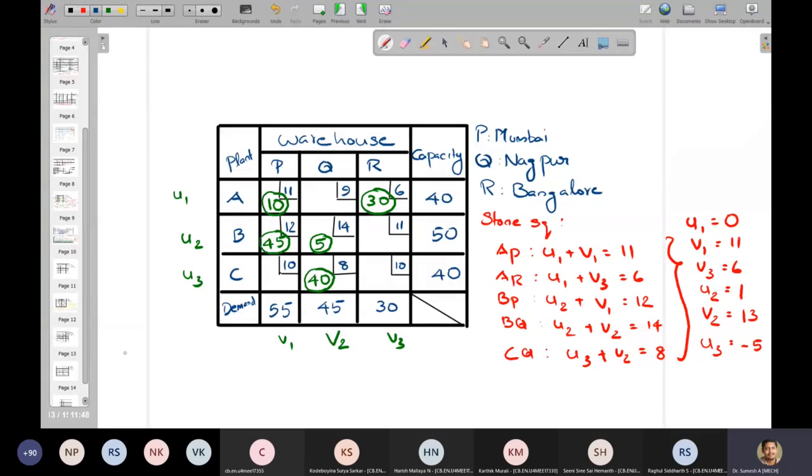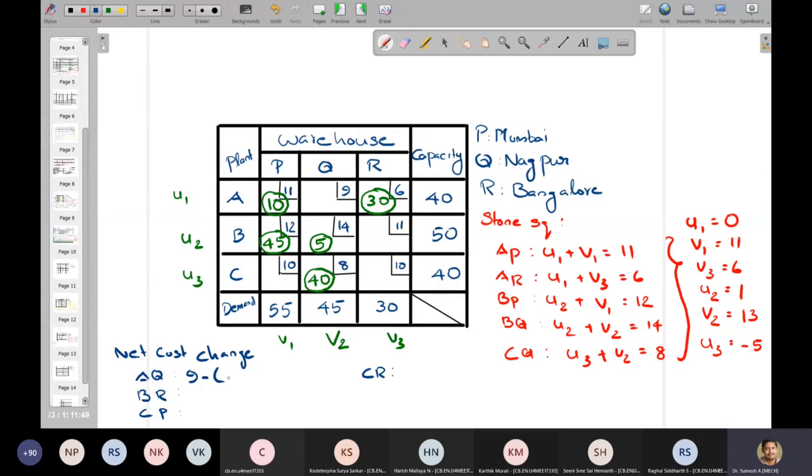Calculate the net cost change for cells AQ, BR, CP, and CR. So AQ will be 9 minus (U1 plus V2).